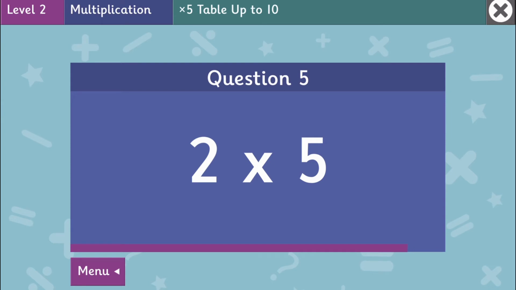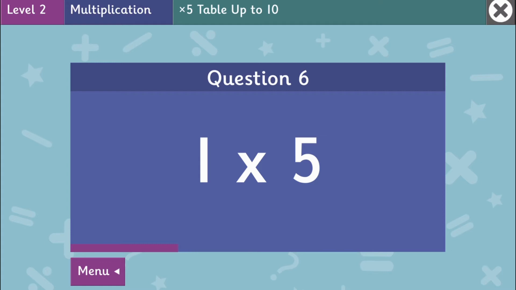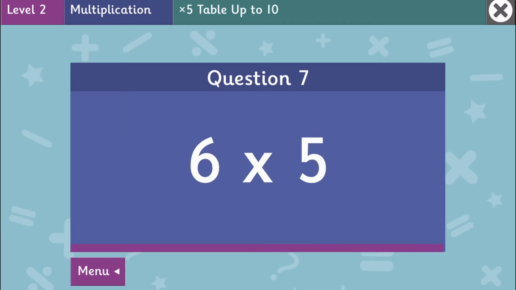Question 5, 2 times 5 or double 5? 5 and 5. Question 6, 1 times 5, 1 lot of 5. Question 7, 6 multiplied by 5.